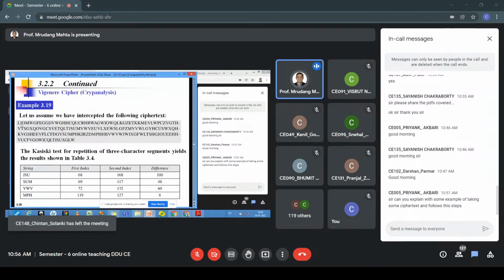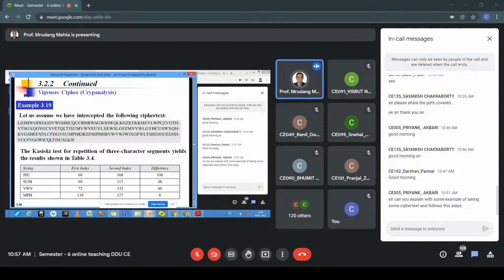Ciphertext cannot be pronounced in the English language, so it appears to be random characters. This long string has a large number of characters, up to 4 rows. This is our intercepted text.